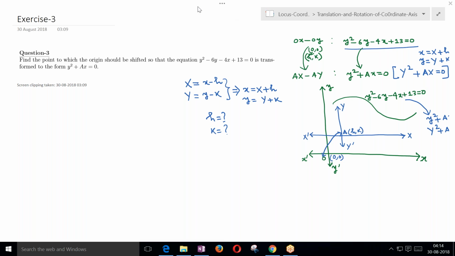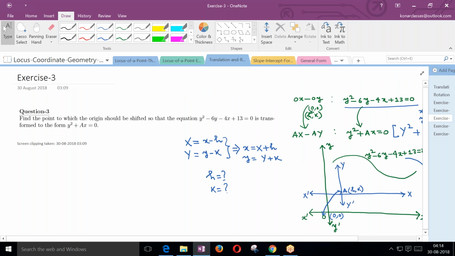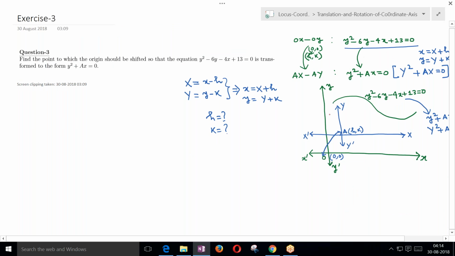So here are the steps I'm going to follow. Very methodical manner. Whatever steps we have learned, we'll just go through them. So, what is the original equation? Original means with respect to the old coordinate system.